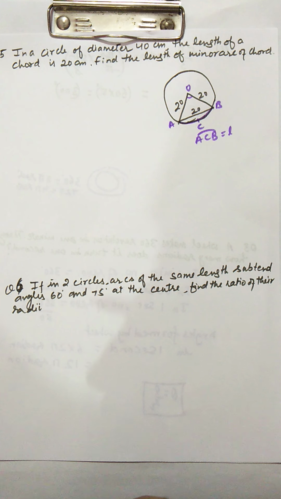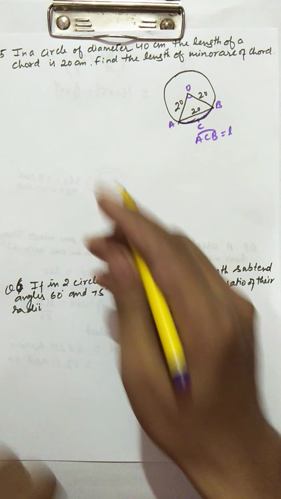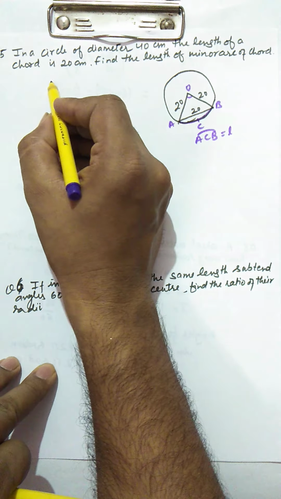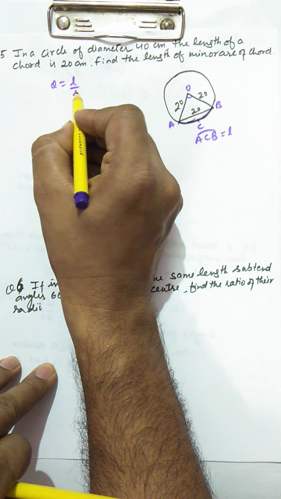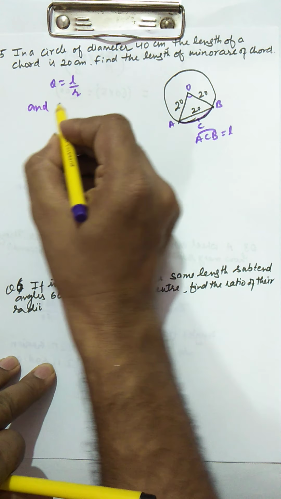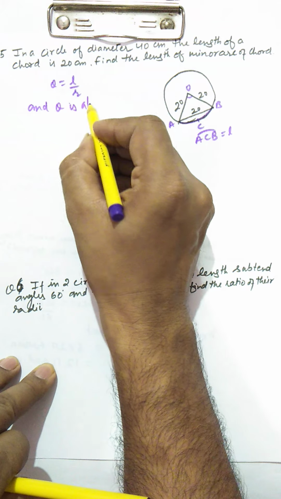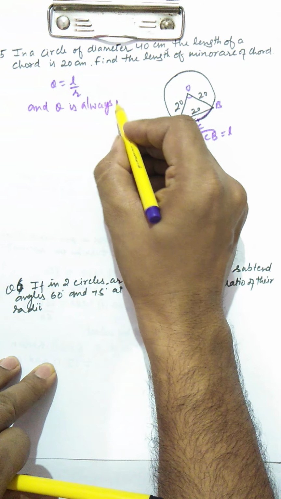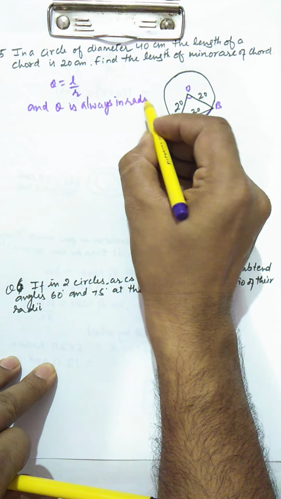You might say 60 degrees, but you have to remember one very important thing: theta is equal to L upon R, and theta is always in radian. So keep in mind this fact.